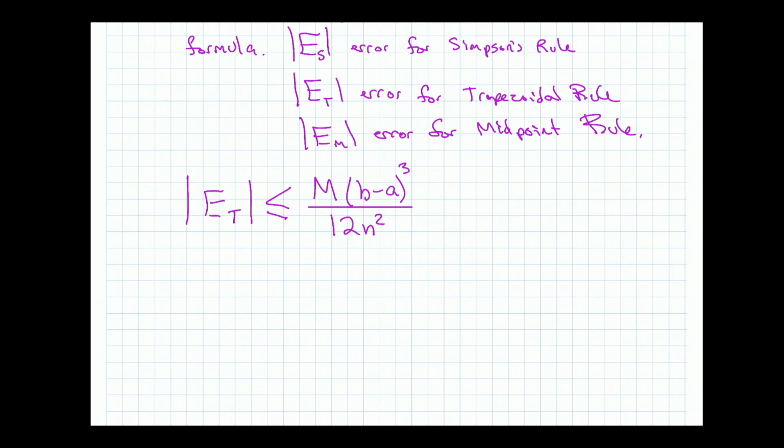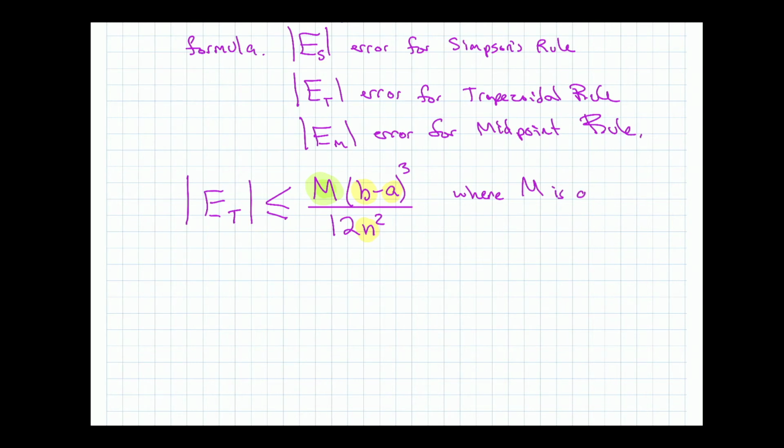So the error for the trapezoidal rule is guaranteed to be less than or equal to M (b minus a) to the 3 over 12n squared. Now, what's the M? You know the b, you know the a, and you know the n. When you look at these, you should go, okay, that's the b from the integral, that's the a from the integral, that's the n from the integral, and what is this M? The M is a number you have to calculate, and that's where the work is.